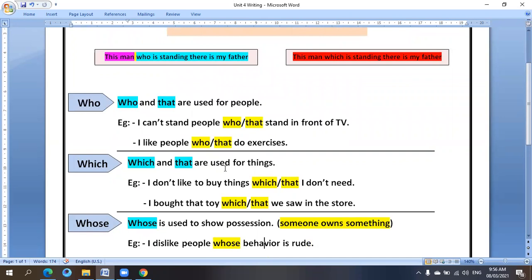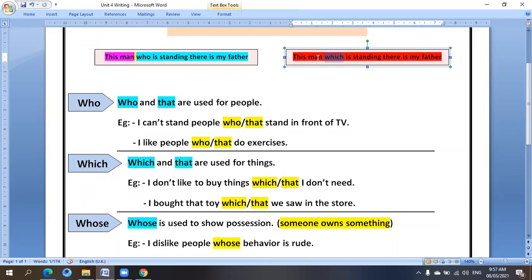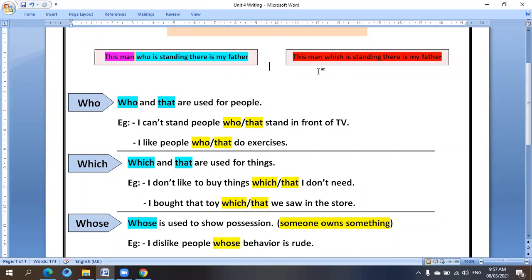Which and that are used for things. So we said that this sentence is wrong because here we used which when we were talking about the man, a man who is a person. So we cannot use which with it. Okay? For example, I don't like to buy things which or that I don't need.